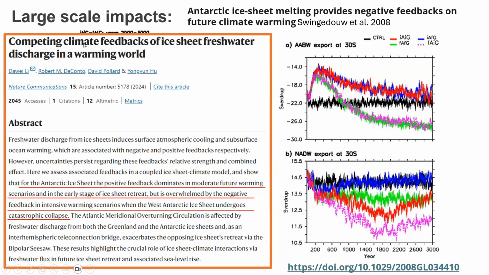But basically, people keep mentioning competing climate feedbacks of ice sheet freshwater discharge in a warming world. Here it's mentioned that a positive feedback dominates moderate future warming, whereas if it becomes strong warming, then a negative feedback overwhelms.